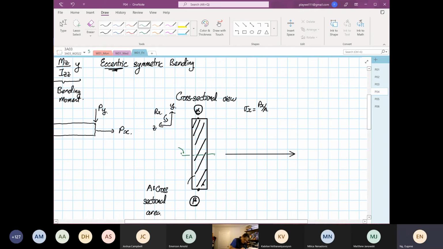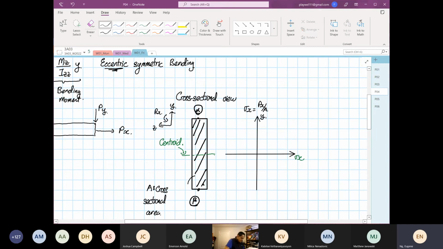Okay, so this over here is our centroid. Again, determined through observation, or we can do a calculation for it. So now when we have this, this is our stress X, and stress X is based on Px over A. And then when we draw our Y, this is our Y-axis again.